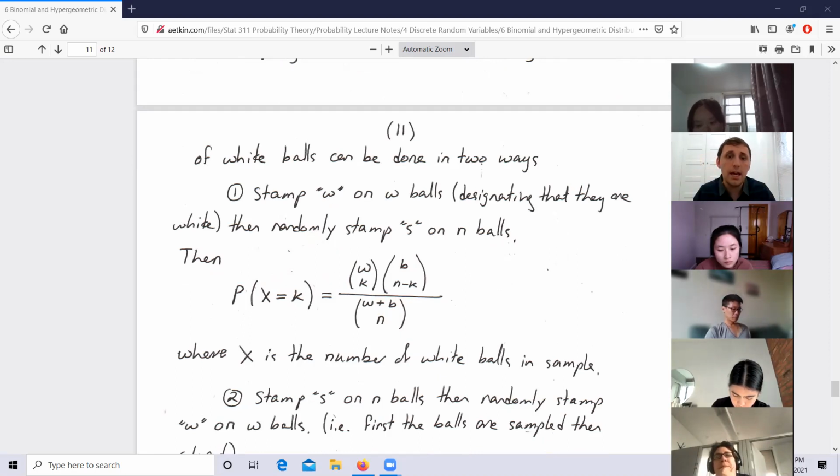I'm going to assign n stamps that are labeled sampled, and I'm going to assign W stamps that are labeled white. So P of X equal to k represents the probability of having both stamps on one ball, sampled and white. Are you with me? It's a bit difficult, guys, but if you are with me, that's great.